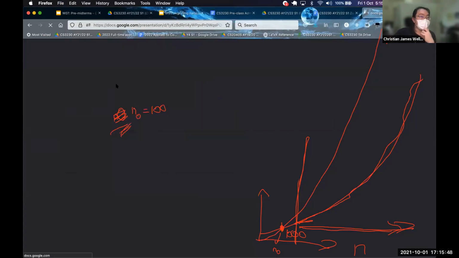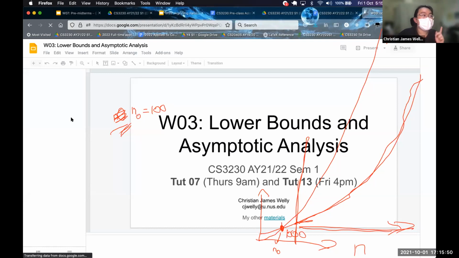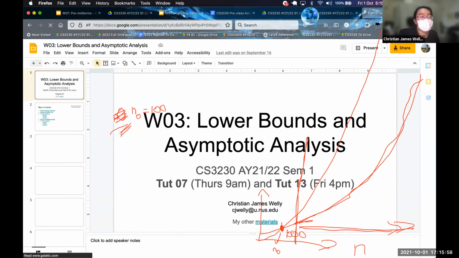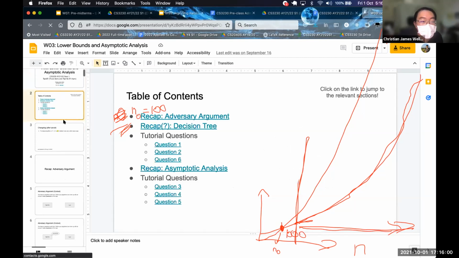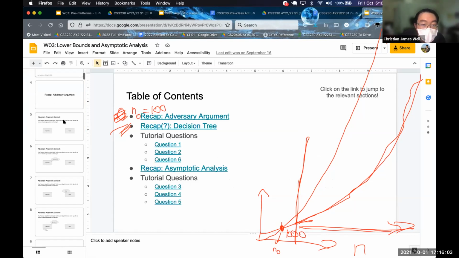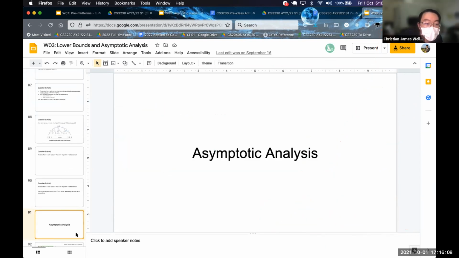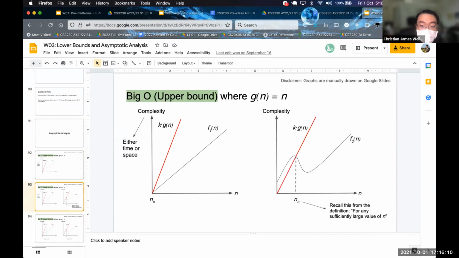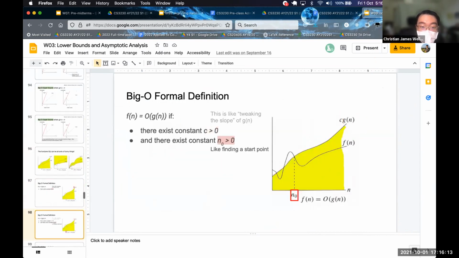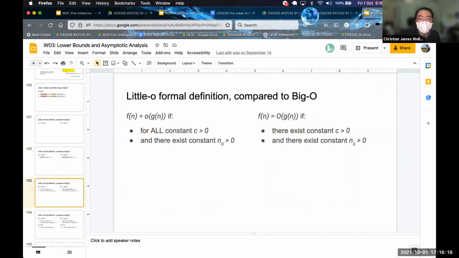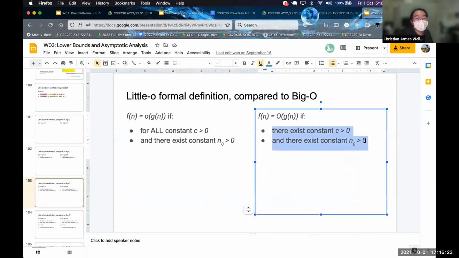I was going to say something. Okay, there's another question I received on the substitution method, so it's a good chance for me to link this topic to the substitution method. But first, about the unique N naught and C: if you look at the definition of big O, it says there exists a constant C and a constant N naught.